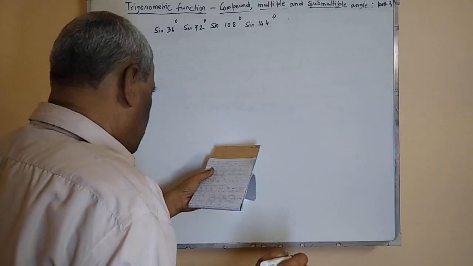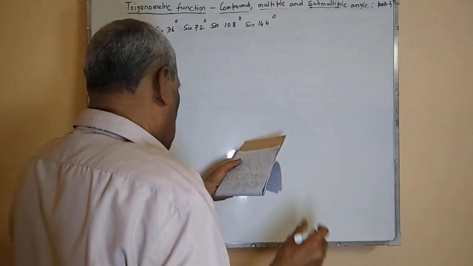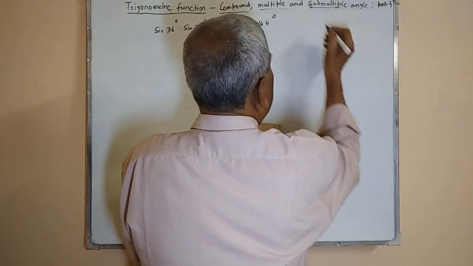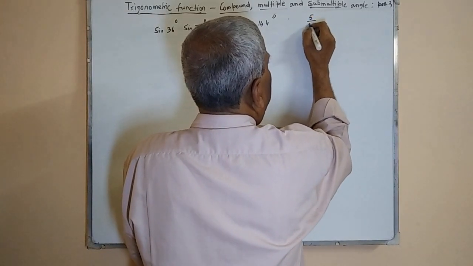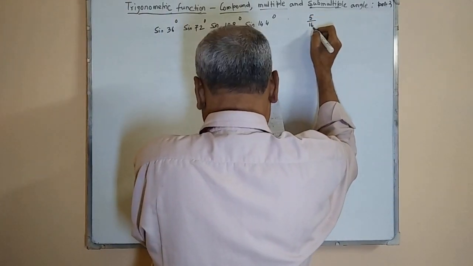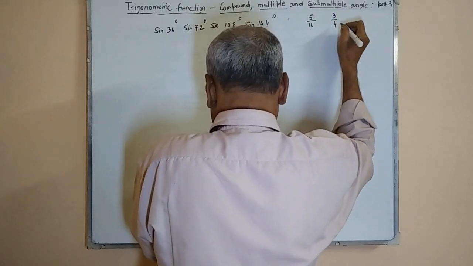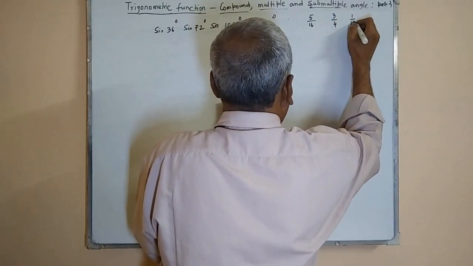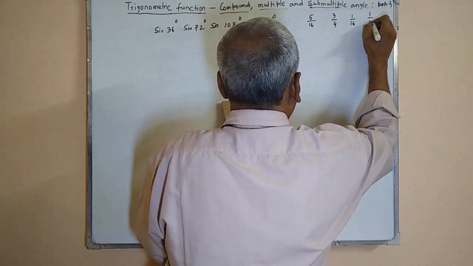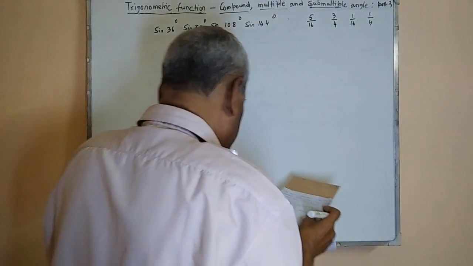The values of these, the options are 5 by 16, 3 by 4, 1 by 16 and 1 by 4. These are the options.